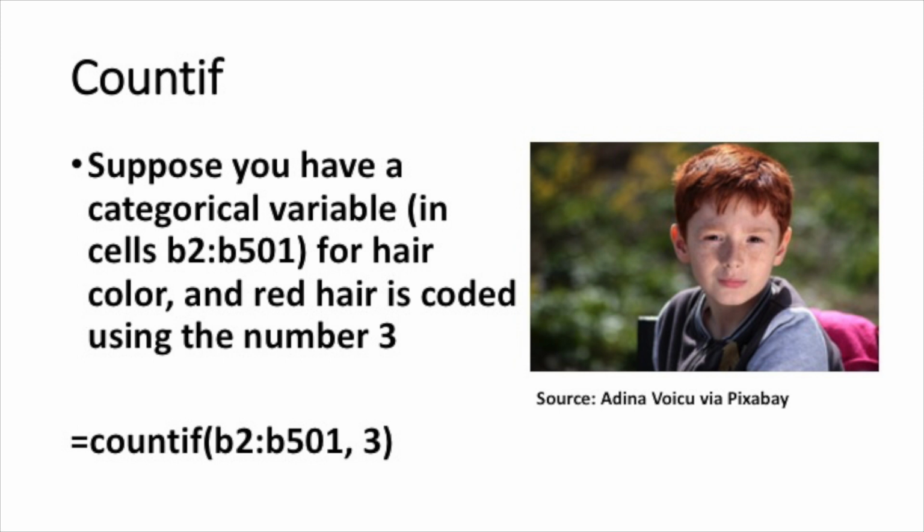To do the COUNTIF function, you would put in Excel equals COUNTIF, parenthesis, B2 colon B501, comma 3, and then close your parenthesis. So essentially you're telling Excel that you want it to count in the range of B2 to B501 and tell us how many 3s it found.